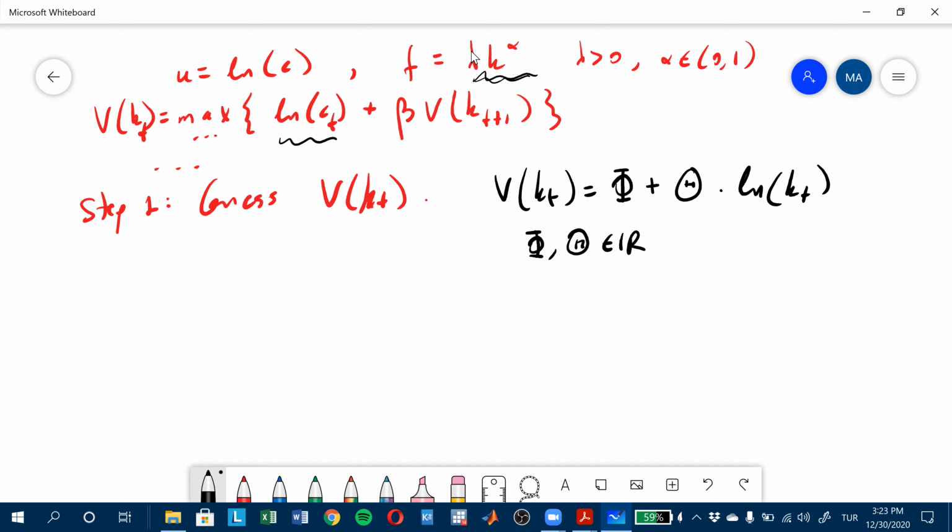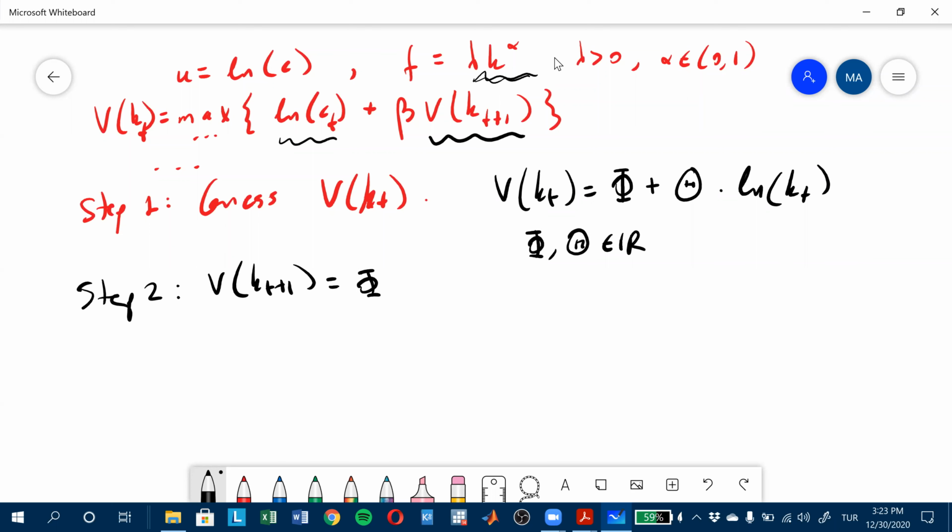Now, if that's true, step 2 is to write V(K_{t+1}), because this is what I need to solve the right-hand side.